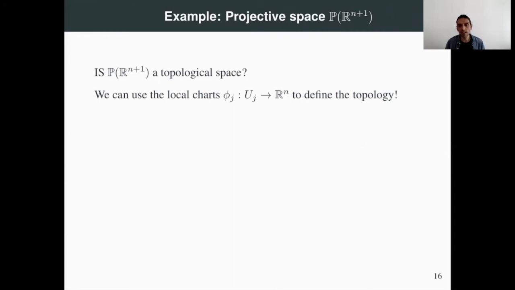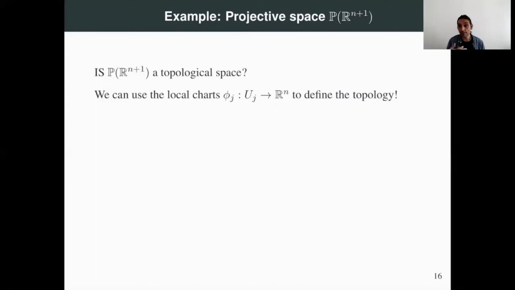So what can we do? What we can do is use the local charts to define the topology. This map over here is a bijection, so you can use this bijection and the fact that there is a natural topology in this Euclidean space to give a topology in U sub j. But the problem is that in that way, phi sub k is going to give a topology in U sub k, and so on. In every one of the U_j you're going to have a topology.